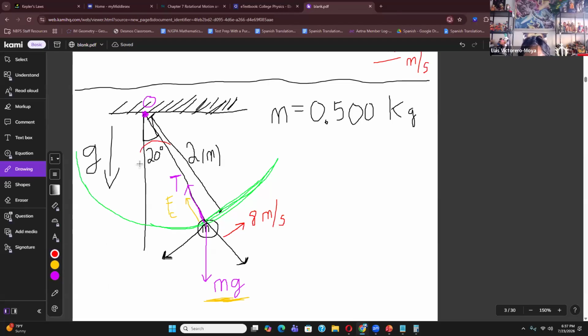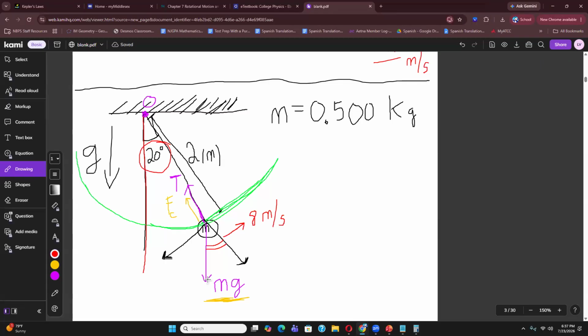You see this angle, right? And this is a vertical line. This is also a vertical line. So what's the angle here? Is it 20?